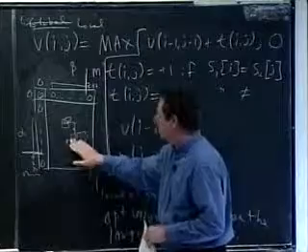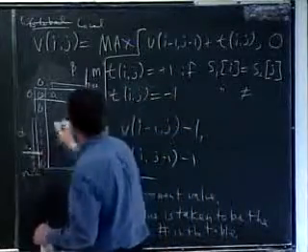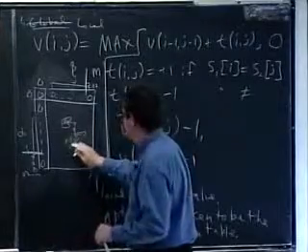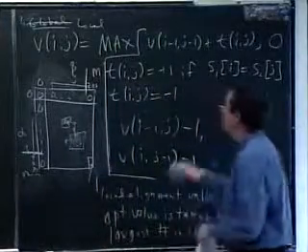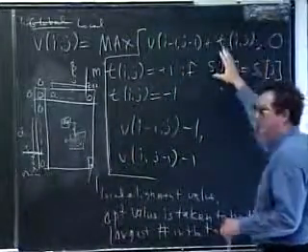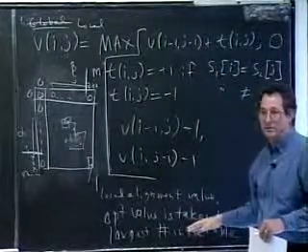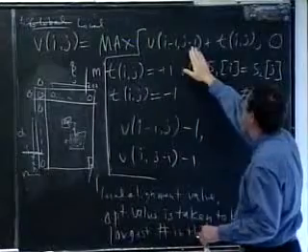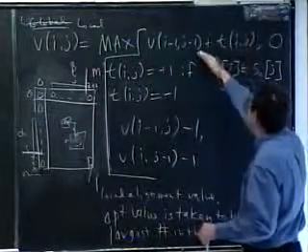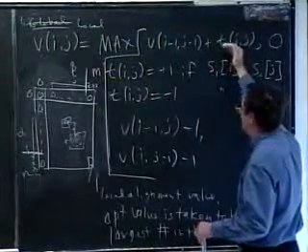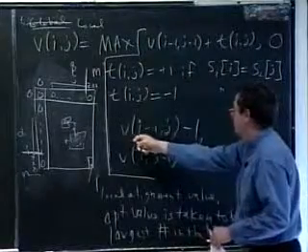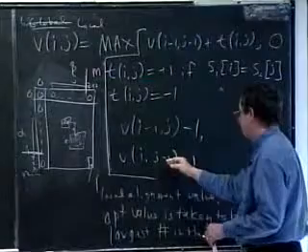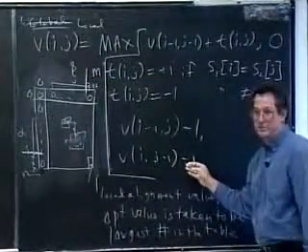At a particular position i, j, you're looking through these possibilities. You need to look up V i minus 1, j minus 1. You have to figure out what t is. You have to do that addition. Then you have to look up this value and do that addition, and look up this value and do that addition.